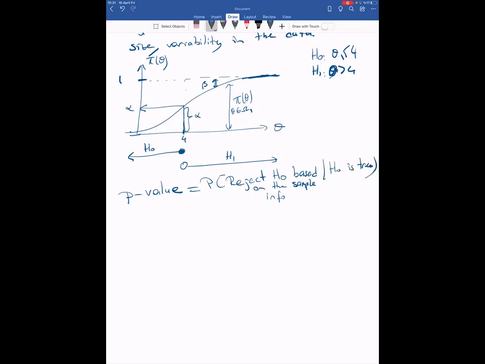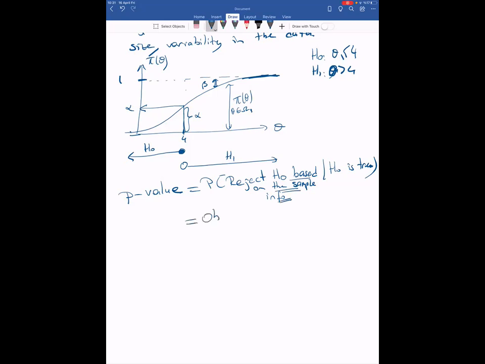It's like the definition of the type 1 error probability, but in the type 1 error probability we are just saying reject H0 when H0 is true, whereas here the rejection region is based on the sample information.